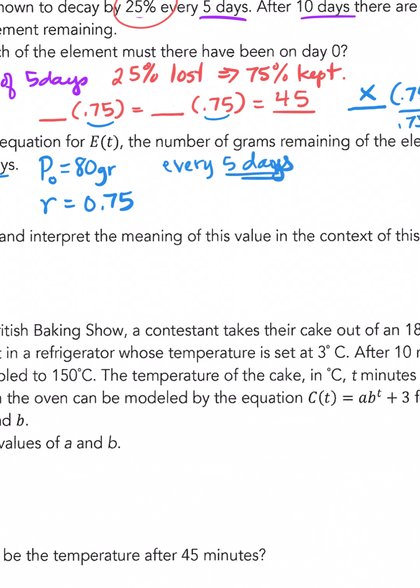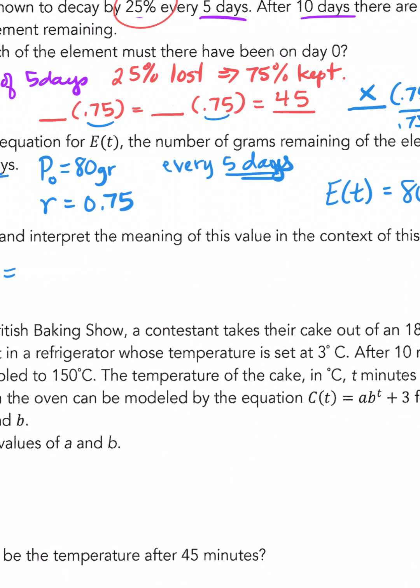So think about what we did. E of t, how would we write this before? We just had examples of this. Start with 80, multiply by 0.75, total amount of days divided by 5-day increments. And that's our equation.